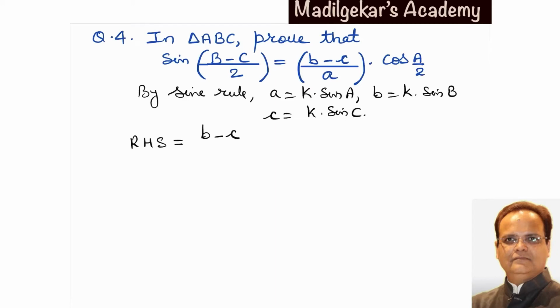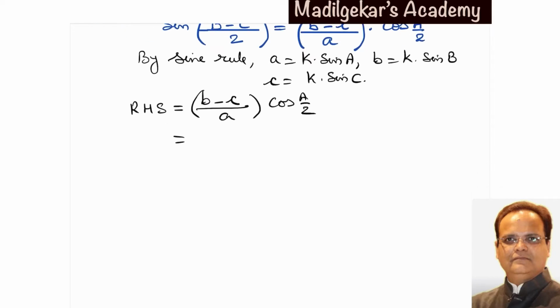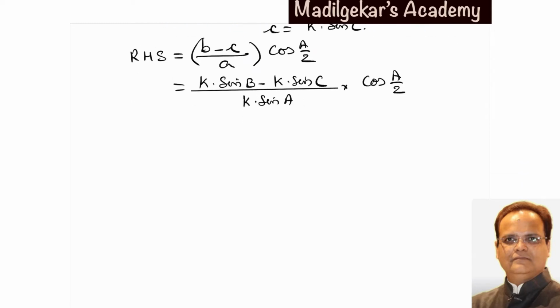So RHS is (b minus c) upon a into cos A by 2. That is k sine B minus k sine C upon k sine A into cos of A by 2.